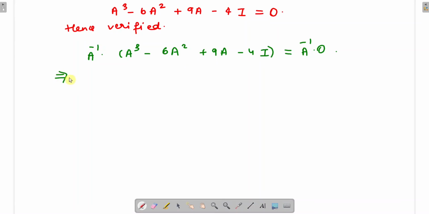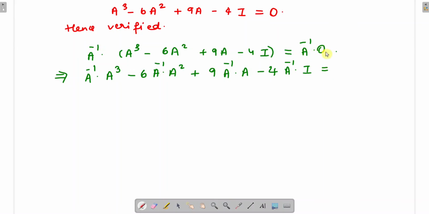So A inverse times A cube you will get A inverse times A square, but the minus 6 is out, that you have to know. Minus 6 is a scalar. Plus 9 times A inverse times A, and minus 4 times A inverse times I, equal to A inverse times the 0 matrix, which is the 0 matrix.